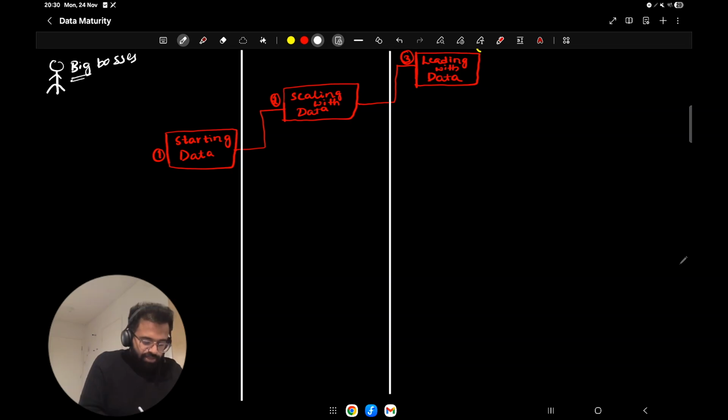These are really important people, probably the executive management and all those people. So the person who realized that we need to improve our decision making using data will go to these big bosses to get the initial funding.